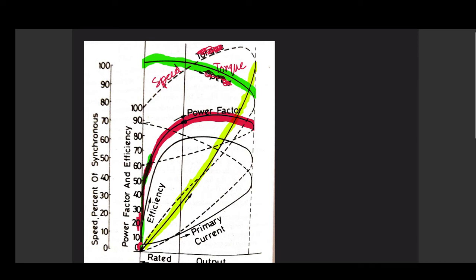This indicates that, see, for every output you have two values of slip, and corresponding to these two values of slip, say you need this much load, so you can operate here and here. So for this unstable operating region, you get this dashed line of power factor.